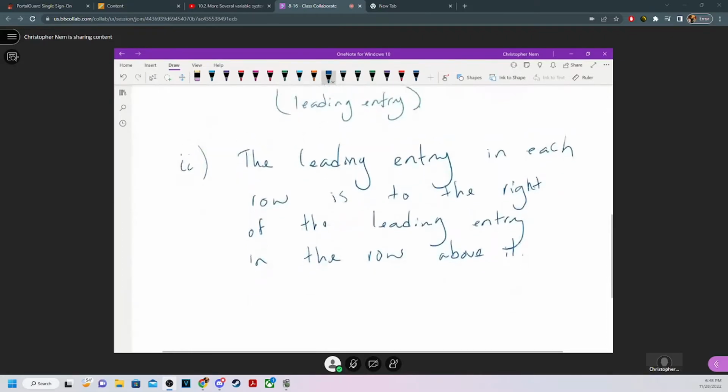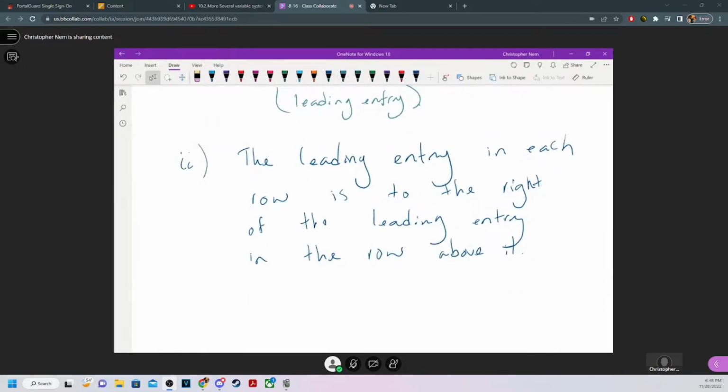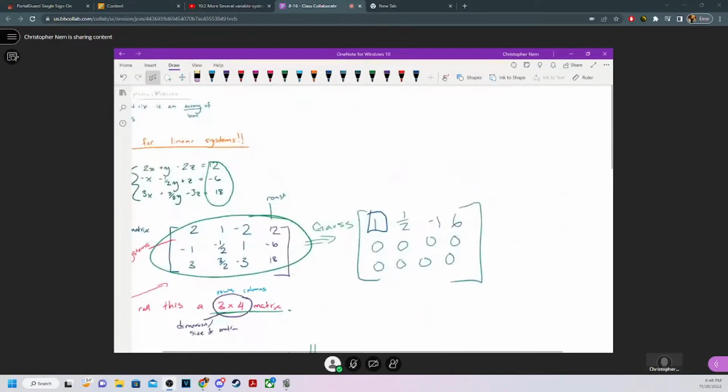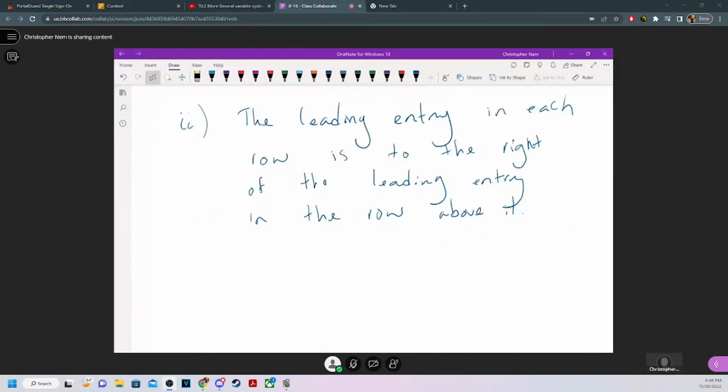As I'm reading downwards on my matrix, every leading entry should be to the right of the one above. It'll make this diagonal staircase pattern. I'll make an example in a bit.